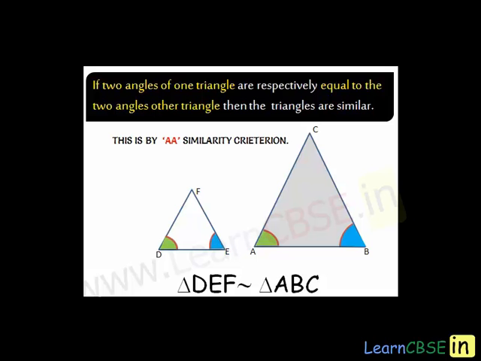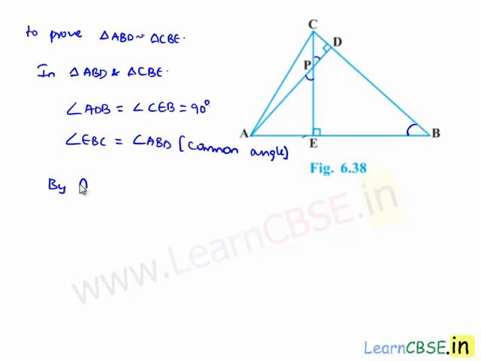Therefore, by AA similarity, as two corresponding angles in both the triangles are equal, we can say triangle ABD is similar to triangle CBE.